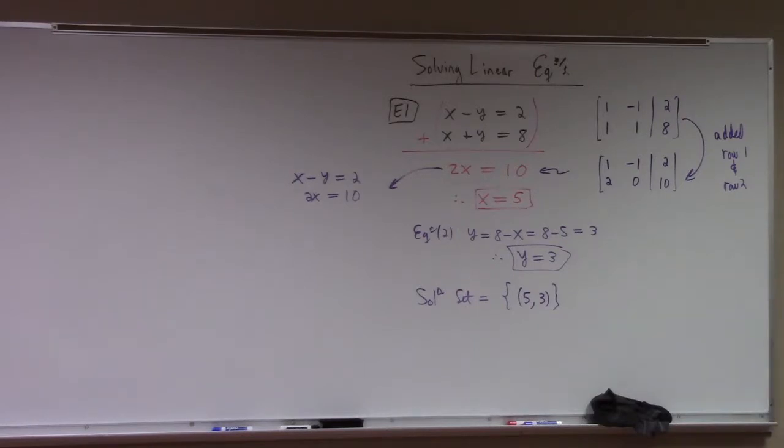Row 1 or row 2? I messed with row 2, right? So in the augmented coefficient notation, I can say that's 2 times row 2. That's my new matrix. So that is 2, minus 1, 1, 2, 2, 2, 2, 0, right?